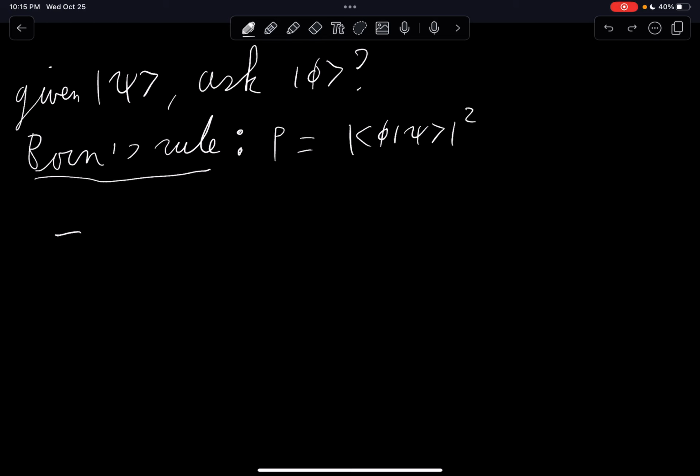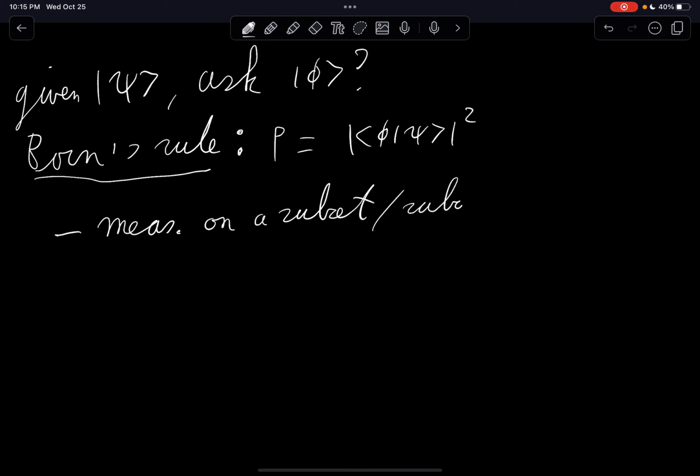I ask the first qubit, oh, are you this or that state? So we'll be able to deal with that. Let me just call that measurements on a subset or subsystem, which is, I guess, a bit more physics terminology.